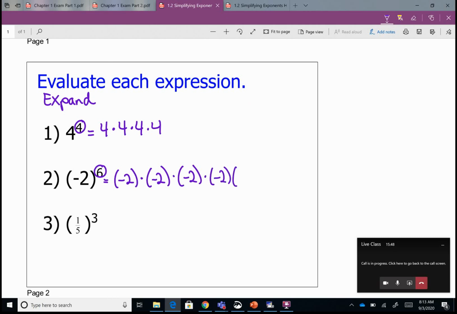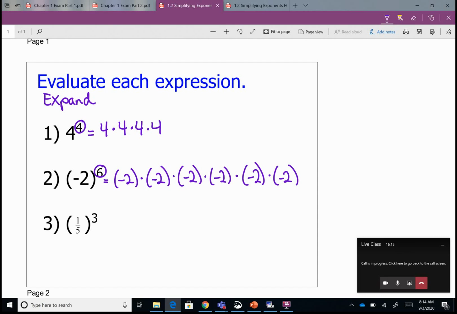And I know, like, oh, Miss Kelly, writing out 6 times, that's a lot of work. But guys, I need to make sure that we really know what is going on with that exponent. Not just, yep, I know how to put it in my calculator, I'm good now. I want to make sure we really know what an exponent means, what it does.